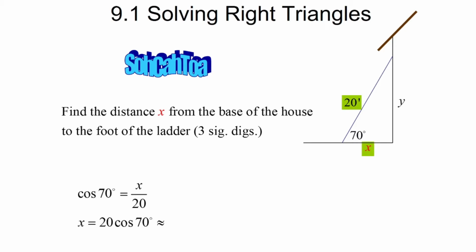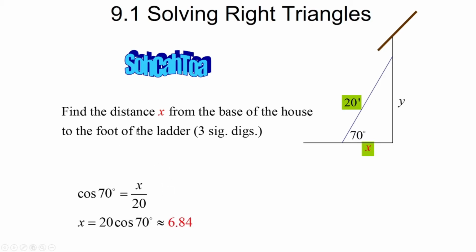So I'm going to go clear and 20 cosine of 70 degrees, and the 3 sig digs right here, I'm getting 6.84. Now they didn't tell us what, oh yeah, they did, 3 sig digs right here. So this distance right here would have to be 6.84, and did they give us any units here?